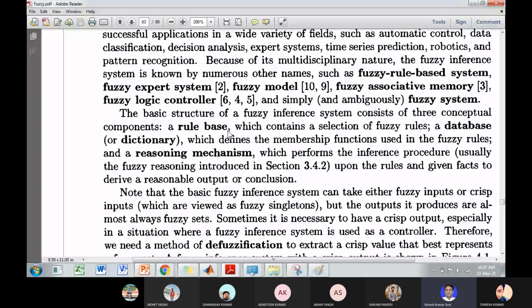Okay, so in the rule base we will apply a rule that whenever distance is very low, the braking torque is very high. In this way we can give a rule base. The database is that on which we make the membership function. Suppose we record the data during the operation of the vehicle, and we divide the database in certain ranges.